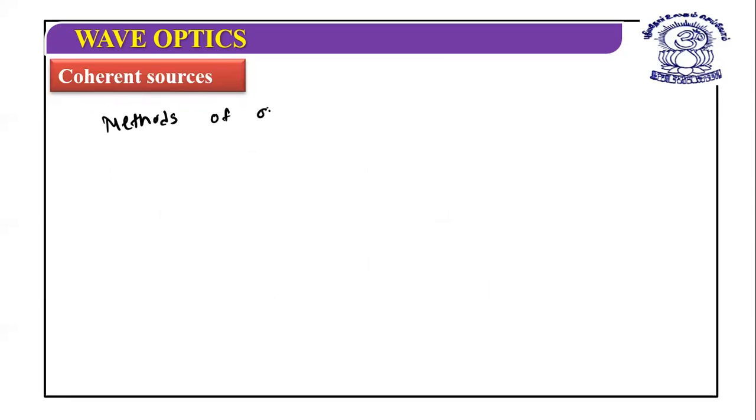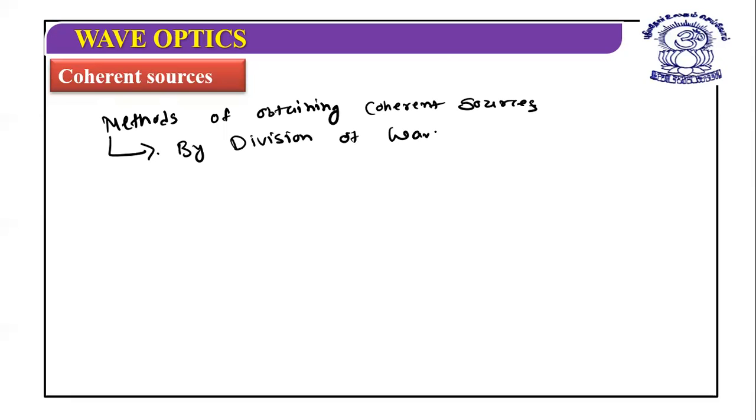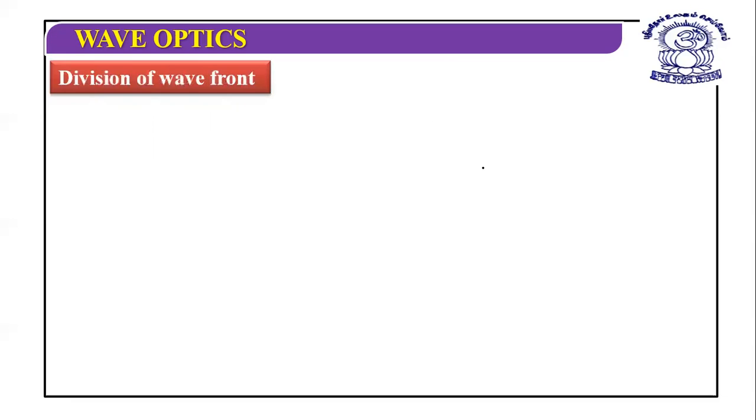The methods of obtaining coherent sources: one, by division of wavefront, and second, by division of amplitude. Let us see the methods one by one.